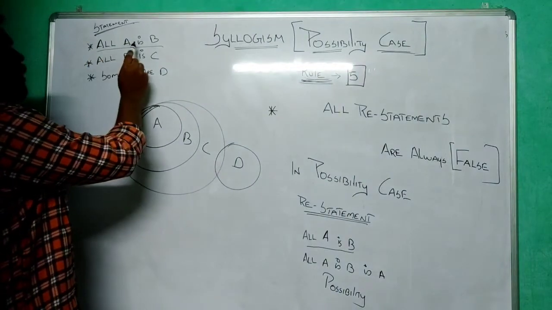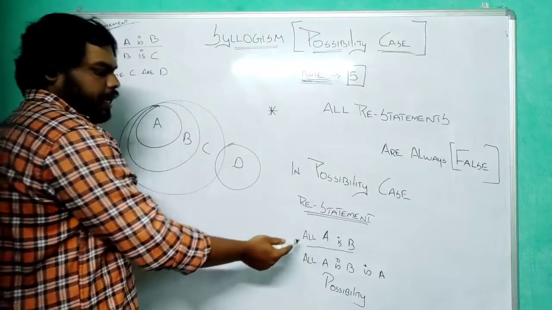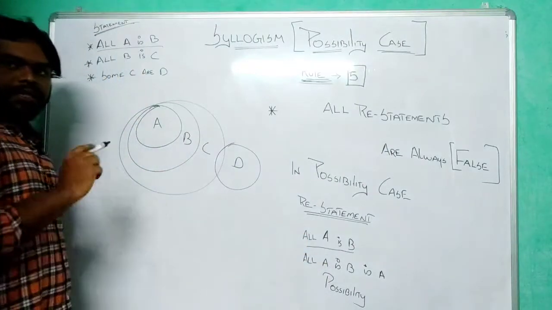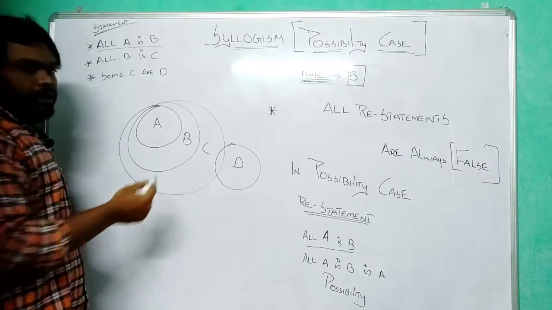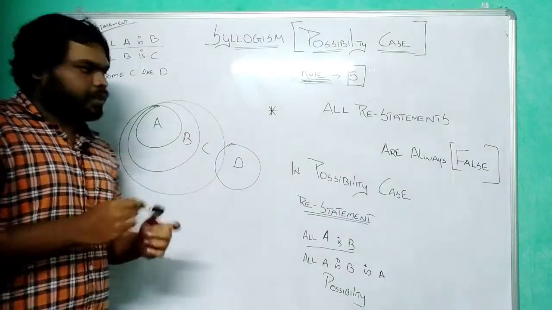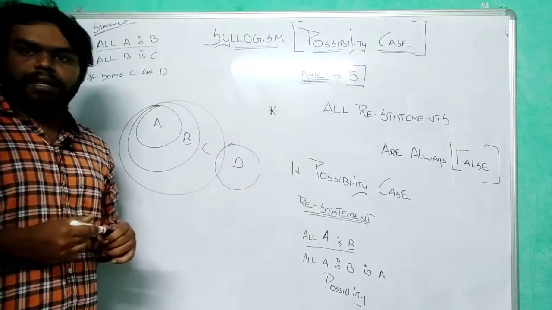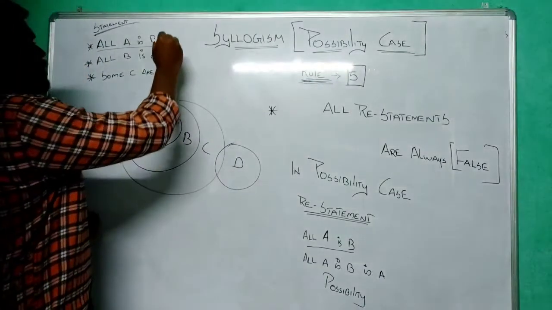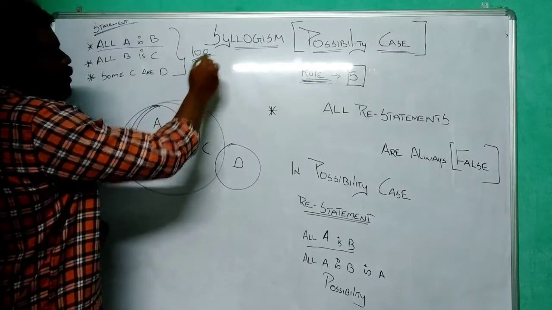If you see "all A is B" and in the conclusion it has been repeated as "all A is B," it is definitely wrong in syllogism, right? It is never true because you know as a matter of fact all A's are B's. We should always assume that all the statements given are 100% true no matter what, right?